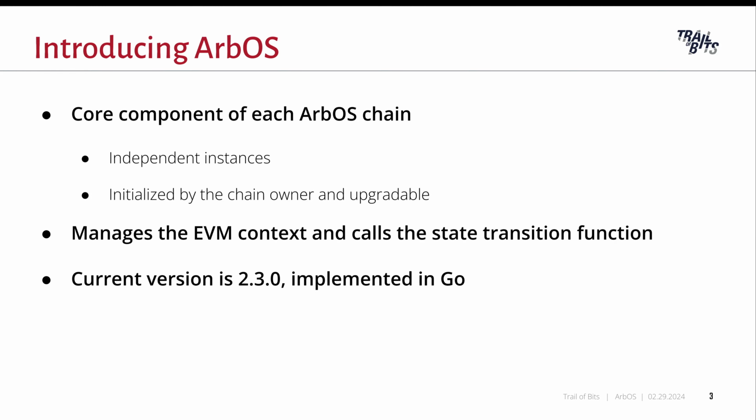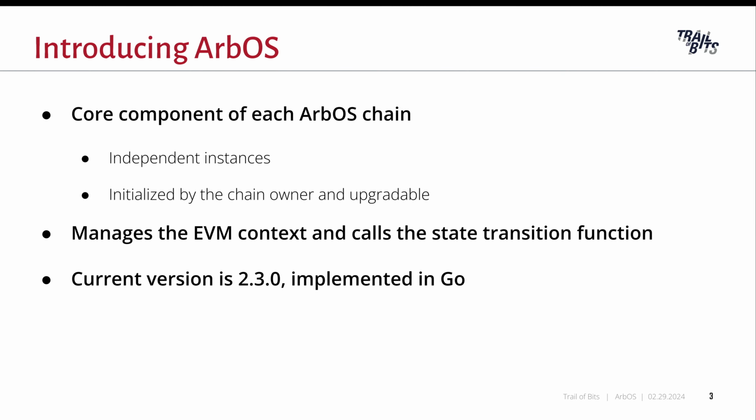If we look back a few years ago, before the current Arbitrum technology, which is called Nitro, they used to have ArbOS as well, but implemented in a different way, with a different architecture and also in a different language.